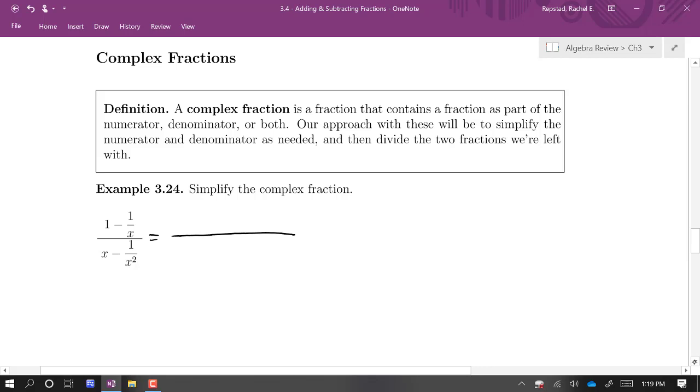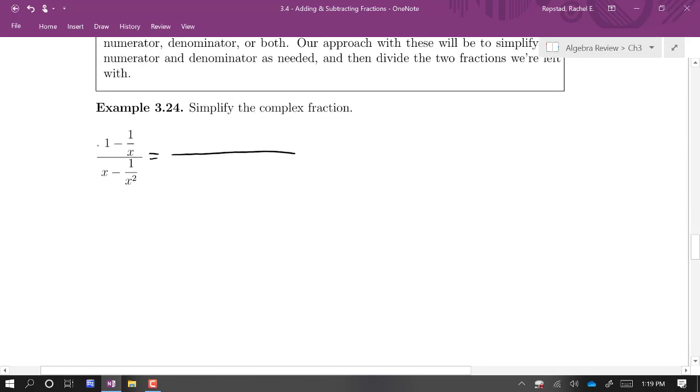So we need to figure out what we have on top and what we have on the bottom as a single fraction. So up top, we have 1 minus 1 over x. That's 1 over 1 minus 1 over x. And if we get a common denominator of x, this is x minus 1 over x.